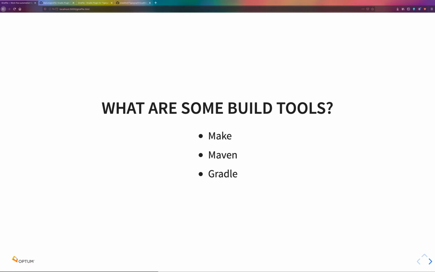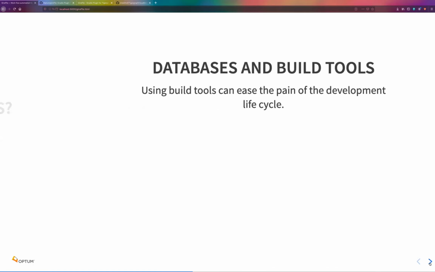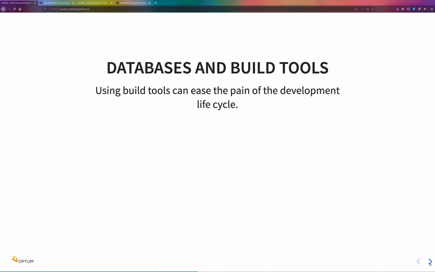And what I've found with Gradle is there's a lot of hooks available that let you expand the use of the tool to add other features, and that's what I've done with Giraffle.